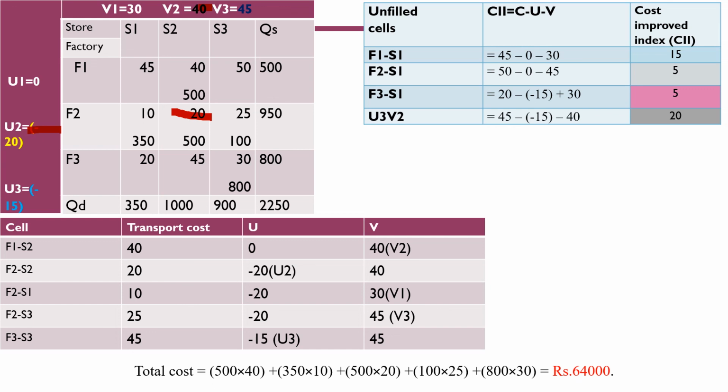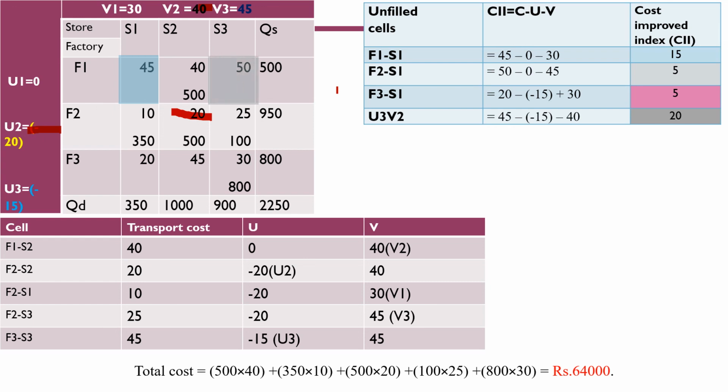Then by substituting the U values and V values, we are going to find the cost improvement index. Here there are 4 unoccupied cells. Now the first cell is the F1 S1 cell. The cost improvement index of this cell is 15.